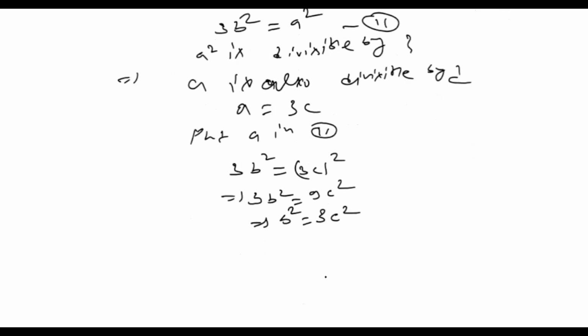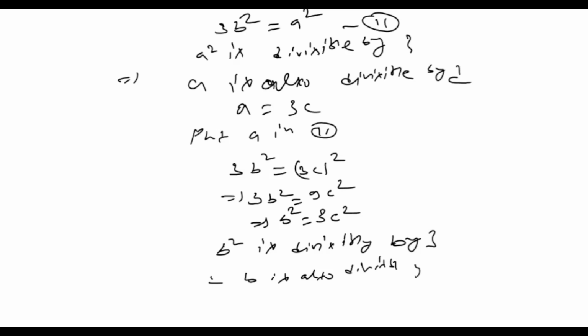This shows that b square is divisible by 3, hence b is also divisible by 3.